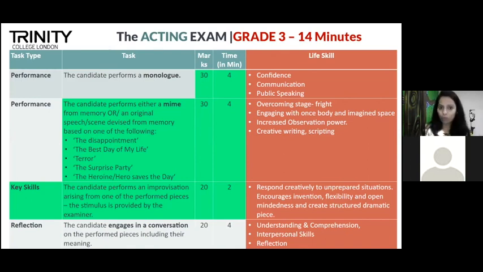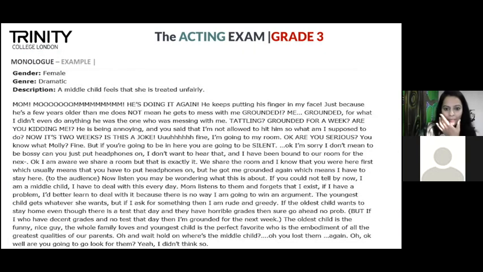You can either devise a scene around one of these 5 scenarios, or talk about it. All right, so let's see examples, and then you'll be able to get a better picture of how you can use the scenarios.